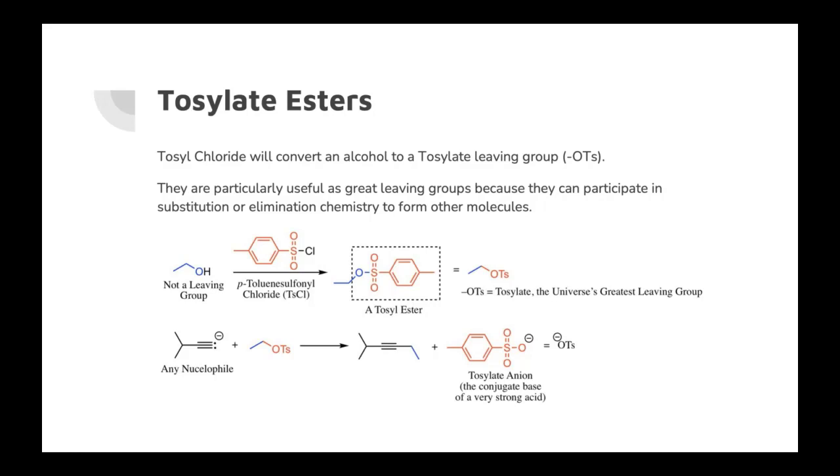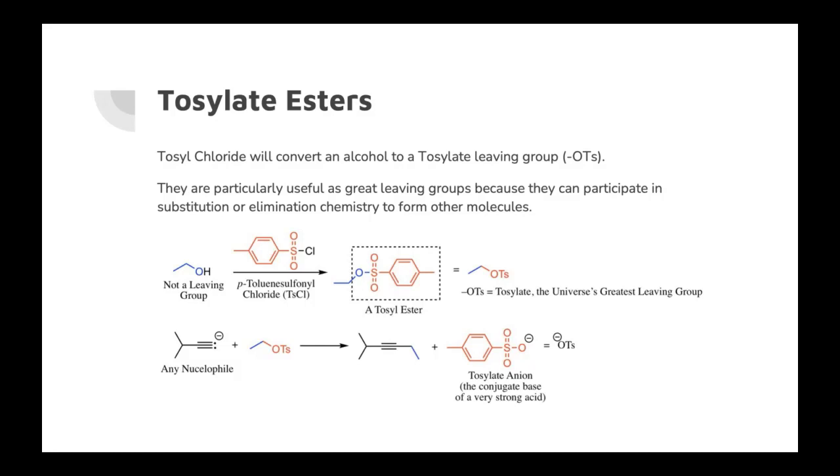With alcohols, we know from OCHEM 1 that OH is not a very good leaving group. We used to protonate it to have water as a leaving group. One thing that we can do in OCHEM 2 is change the alcohol for something called a tosyl chloride.